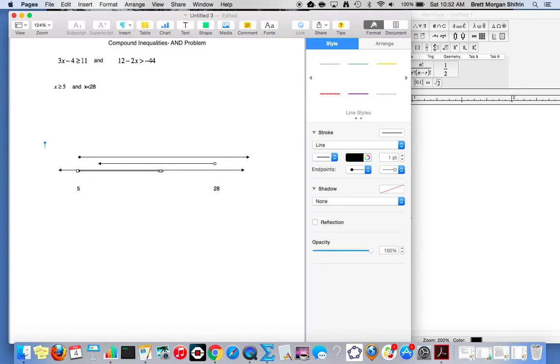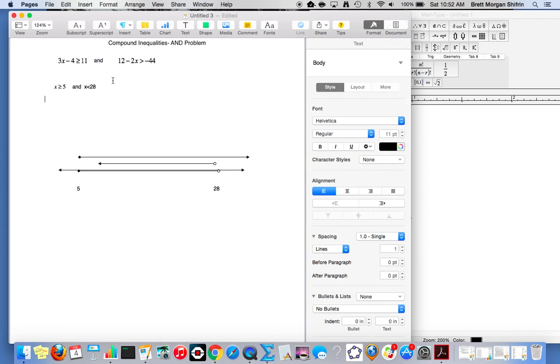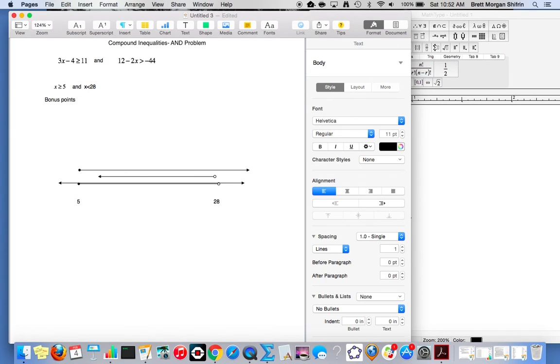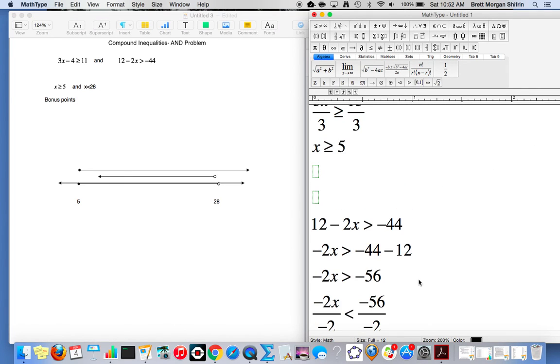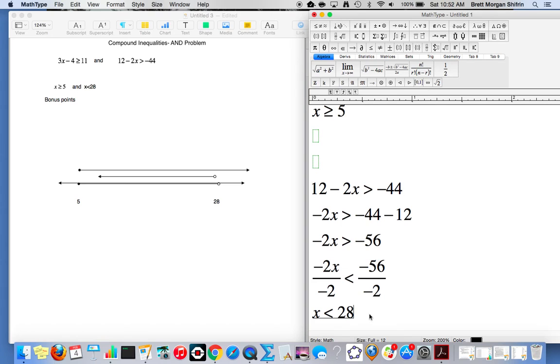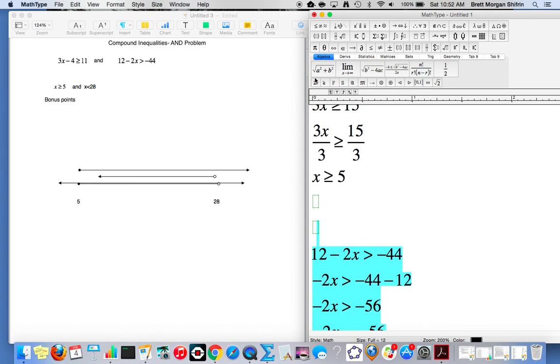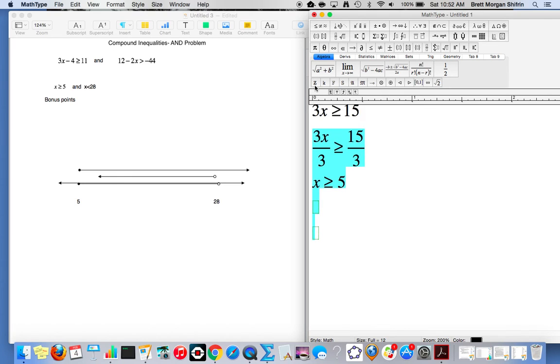And so I can write my answer this way, as x is greater than or equal to 5 and x is less than the upper bound. Or, for bonus points, you could write it this way. Let's go ahead and get rid of all this.